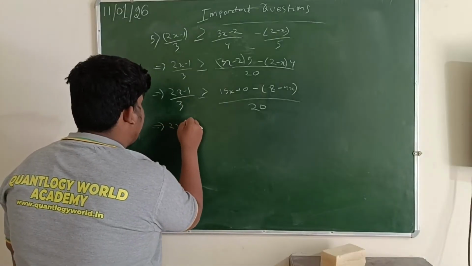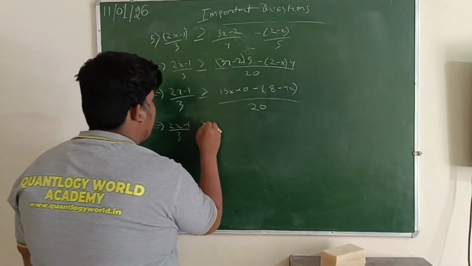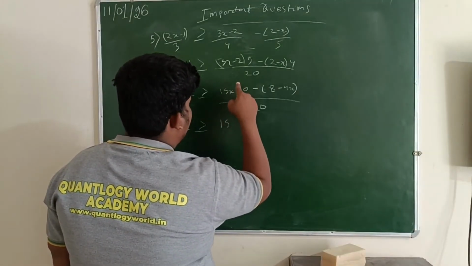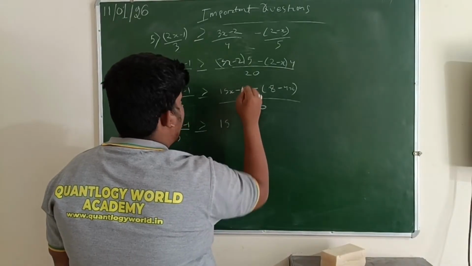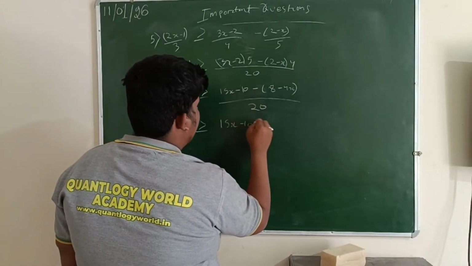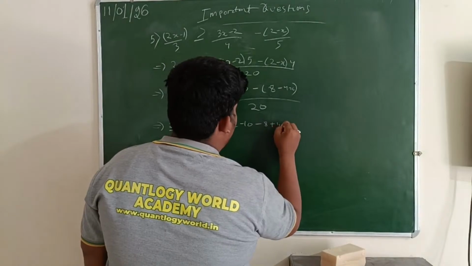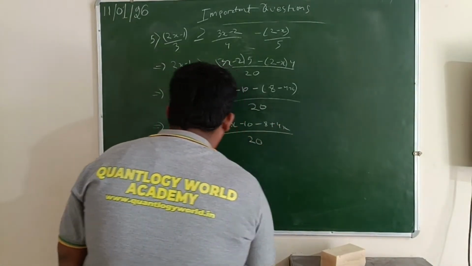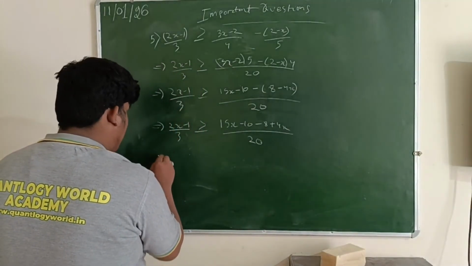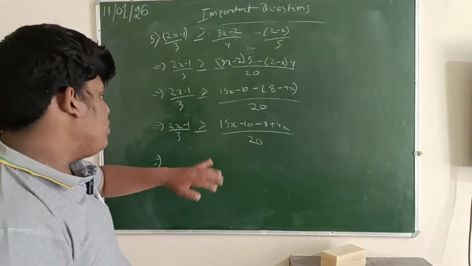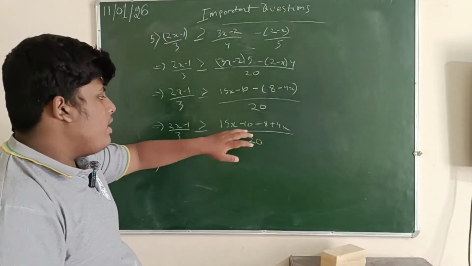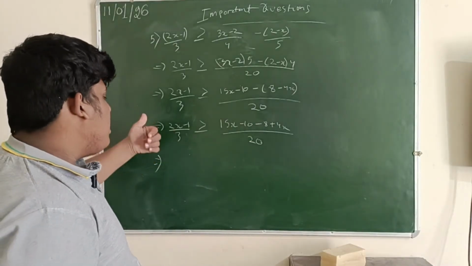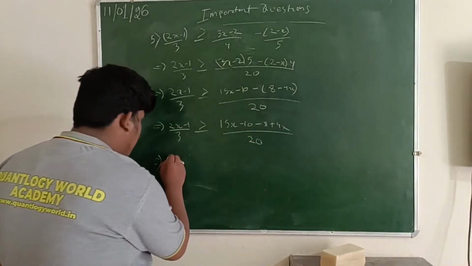Next, 2x minus 1 by 3 greater than or equal to 15x minus 10 minus 8 plus 4x by 20. Now we will do cross multiplication. 3 will be multiplied to 15x minus 10 minus 8 plus 4x, and 20 will be multiplied to 2x minus 1.